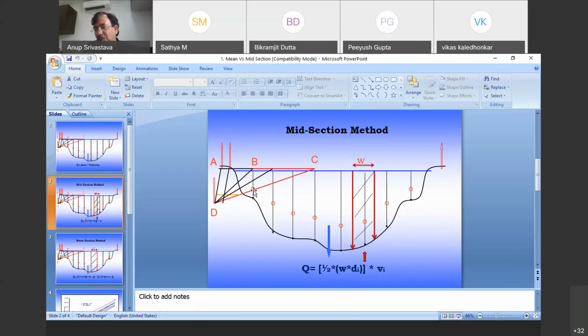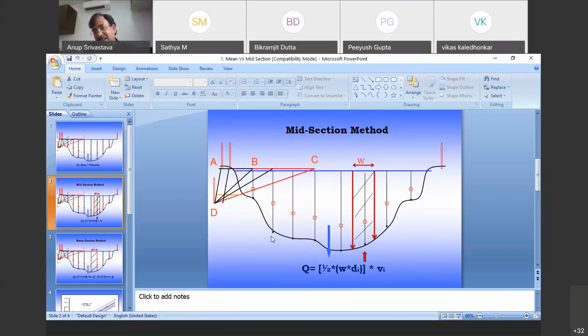But beyond a certain point, they cannot measure velocity or depth very accurately, because nobody knows whether the current meter that you have lowered at 0.60 is exactly at 0.60. It may sometimes be up, it may sometimes be lower than that.